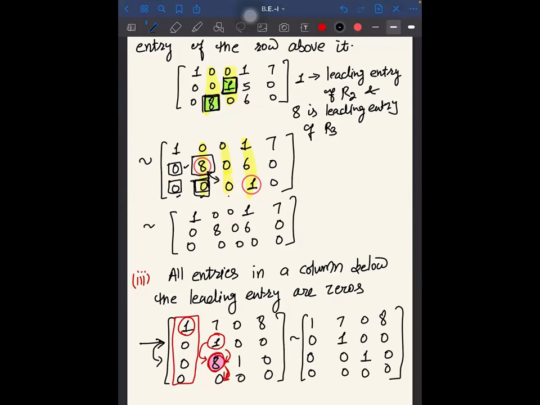We are discussing whether it is an echelon form or not. Right now it is in the echelon form, because if you see the leading entries, we have all zeros below these leading entries.